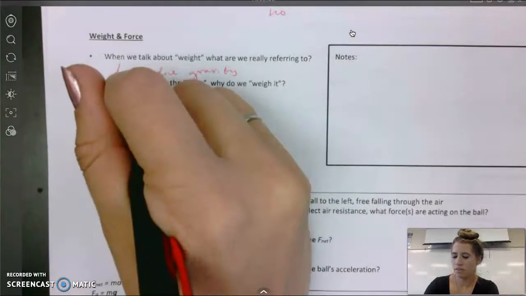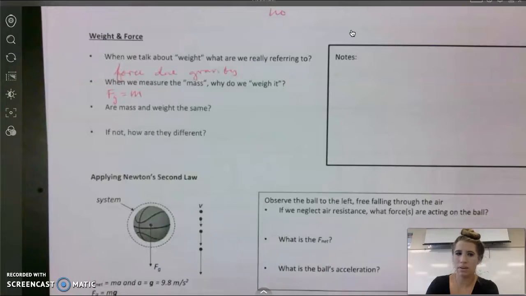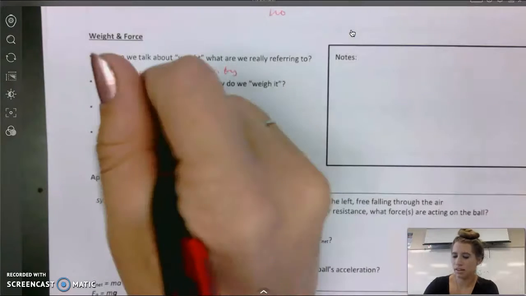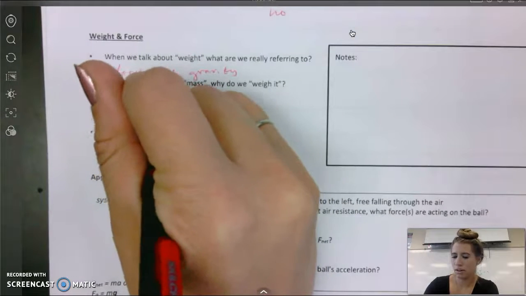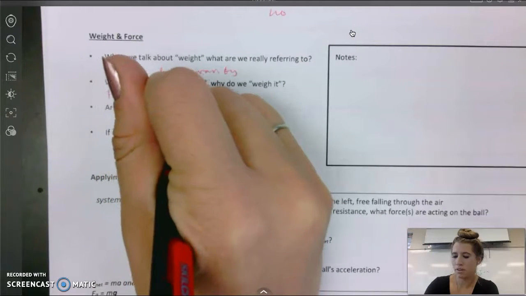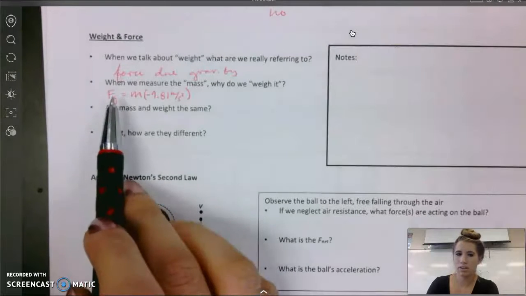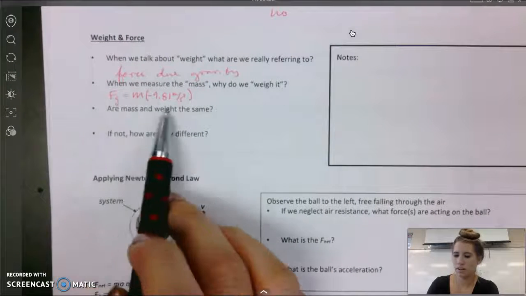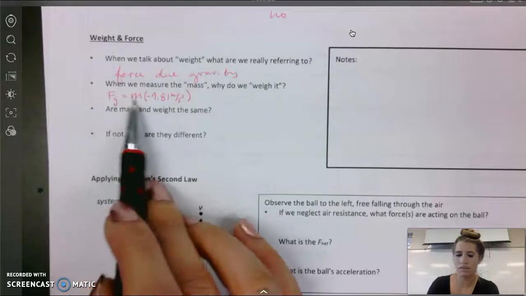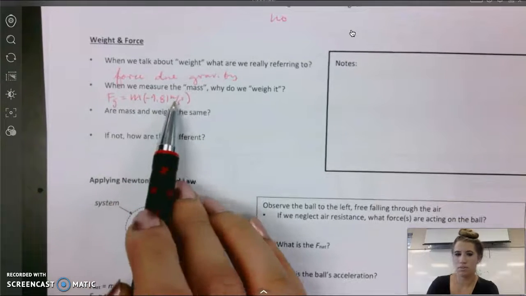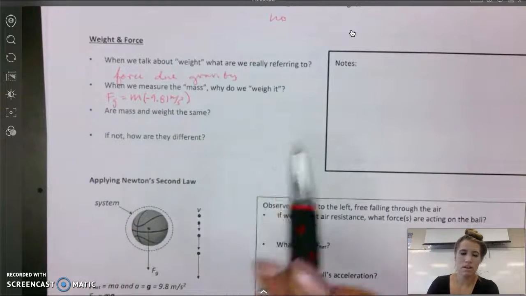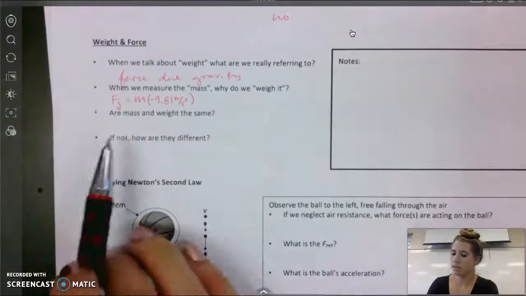And then we have mass, so we want to know what the actual mass of the object is, and then acceleration, which will be a negative 9.81 meters per second squared. And so scales read this, and then they simply divide and tell us what the mass is. But this is only true for here on Earth. If we went somewhere else, that wouldn't be the case.